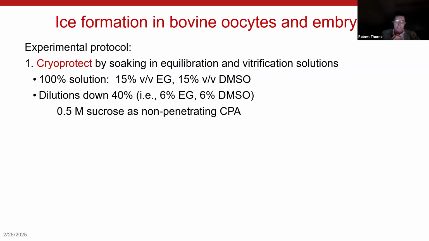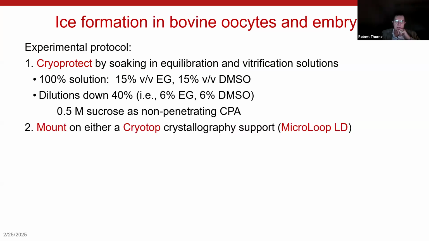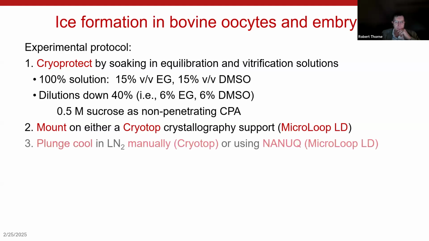And so we try a range of cryoprotectant concentrations. And all of the solutions will have sucrose in them as a non-penetrating cryoprotectant. Then we'll mount these either on a cryotop, or on a crystallography support like the one I showed you.